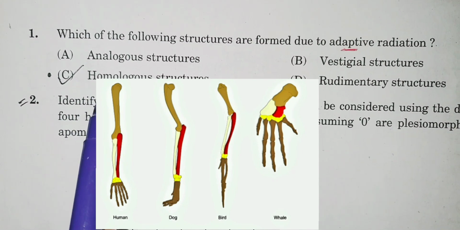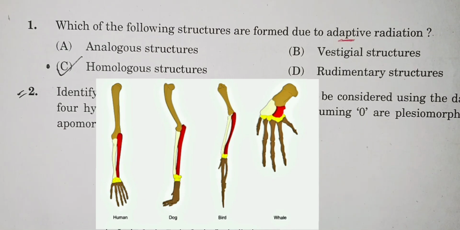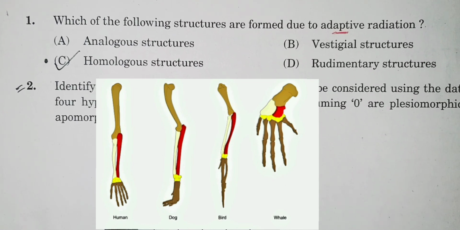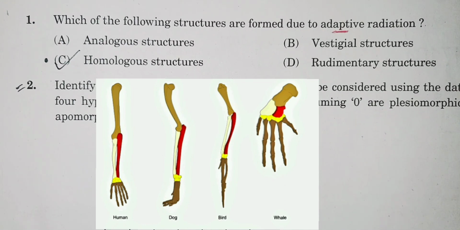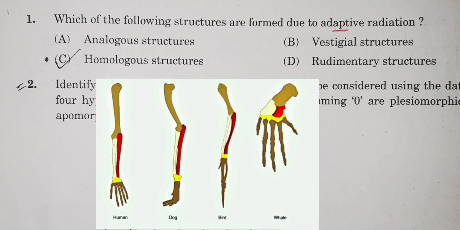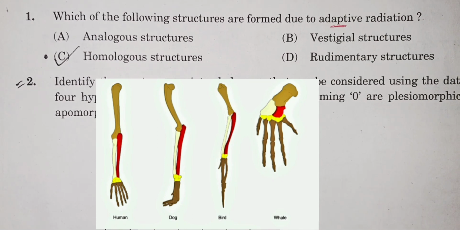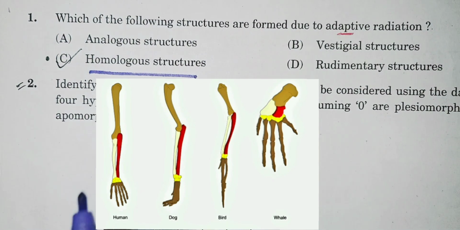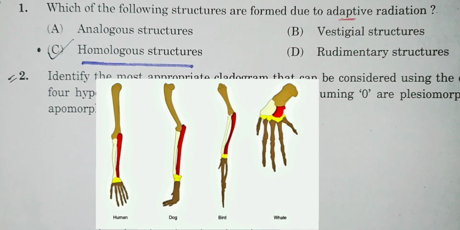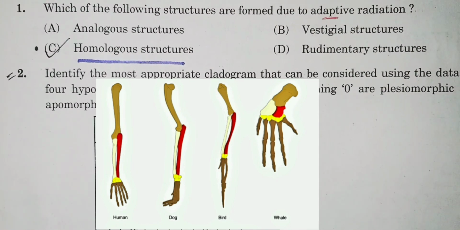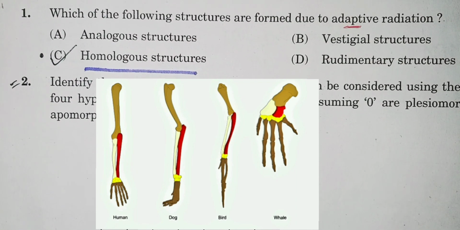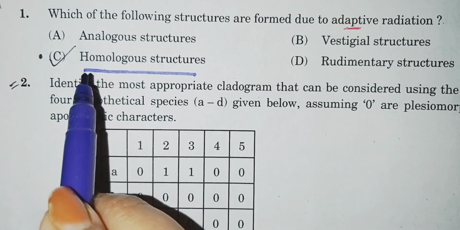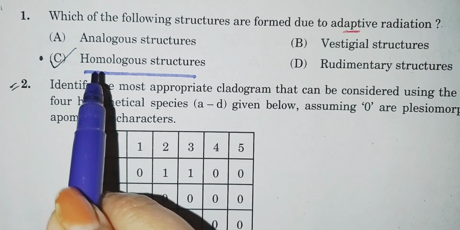Homologous characters are characters that share some similarity in their physical features, and these similar physical features share common ancestry. There is common ancestry here in homologous structures, but they serve different functions, like limbs of humans, cats, whales, bats. They have some ancestral similarity, but they don't serve similar functions.